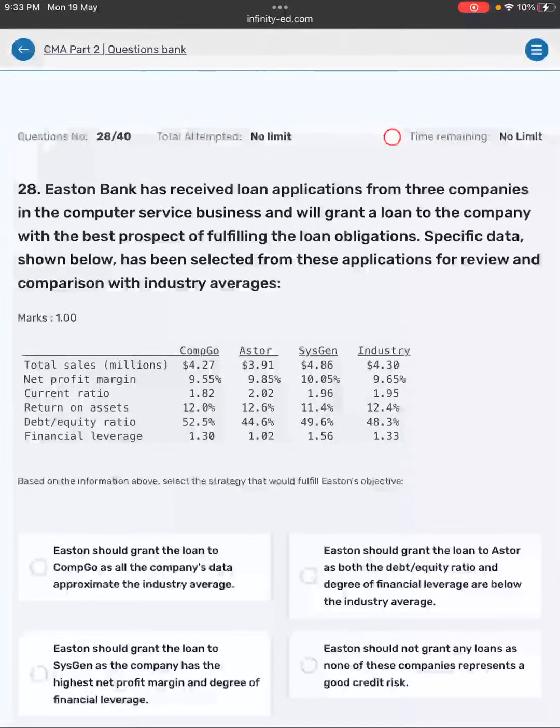The Stone Bank has received a loan application from 3 applicants in the computer service business, and will grant a loan to the company with the best prospect of fulfilling loan obligation. Specific data is shown below. Select the applicant by reviewing the industry average.